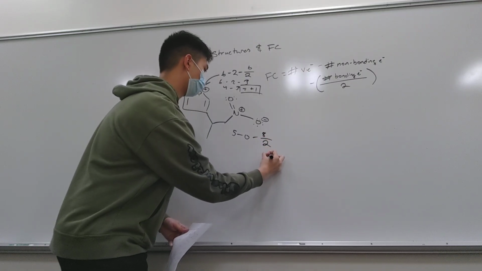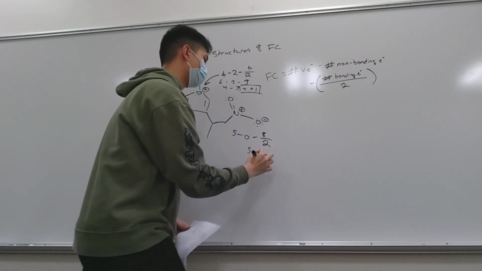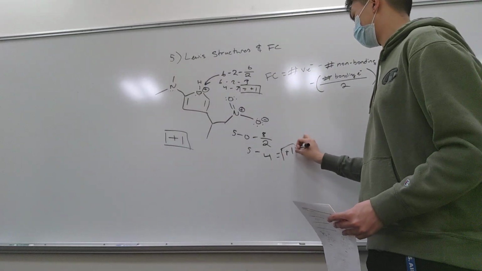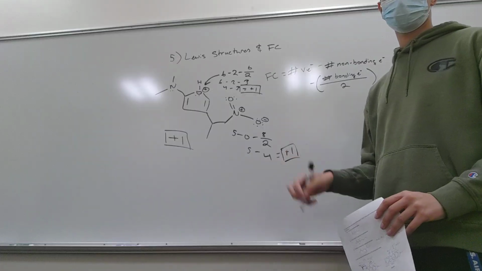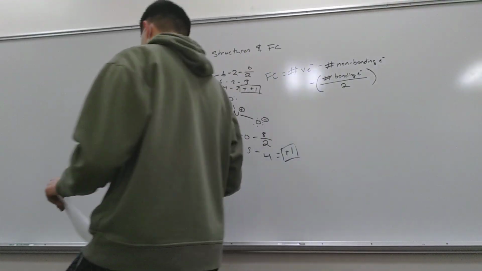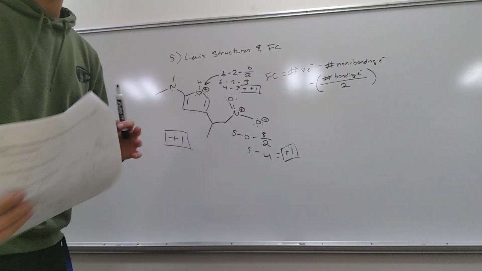This becomes 4 minus 5, and so this nitrogen has a +1 charge. That's how you can use that formula. Okay. The last one you can do on your own.